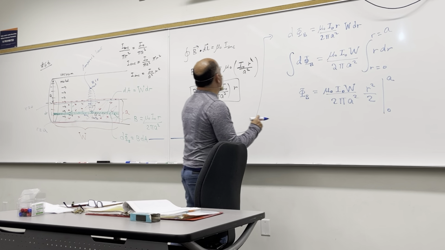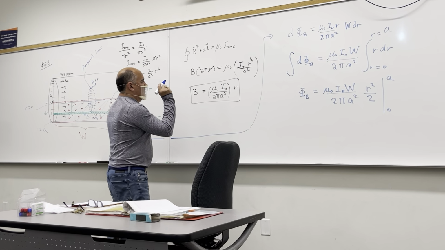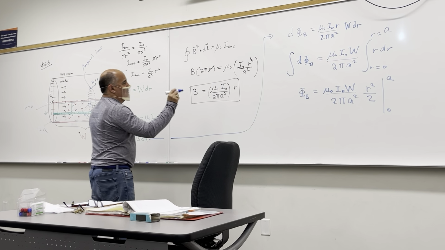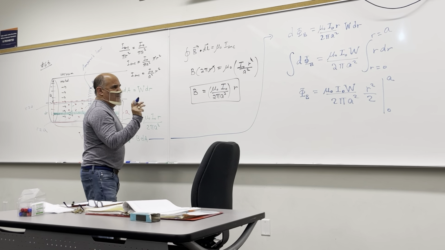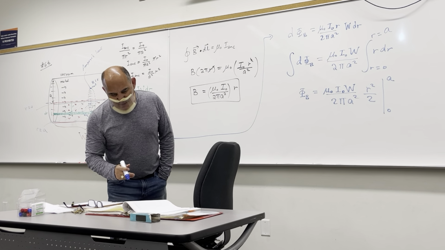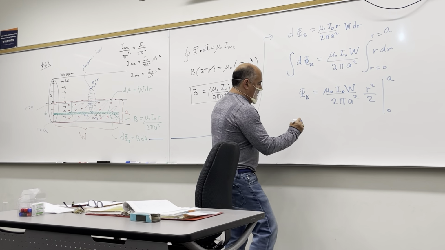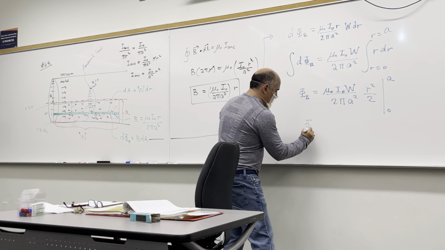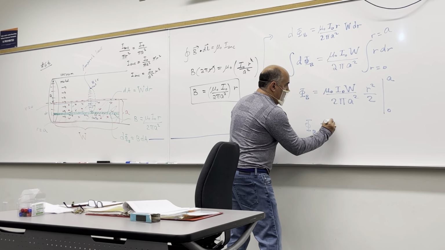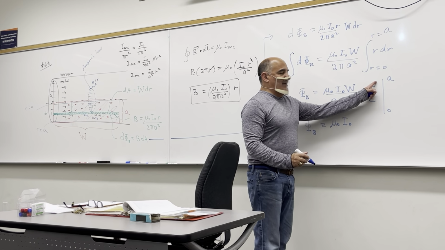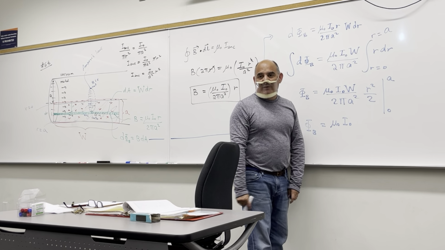Did I lose something in here or no? I have an r over here, and somehow it looks weird, but let me check. No, I think it's good. So this will become mu naught I naught. You're going to get an a squared, which is going to cancel that a squared, right?